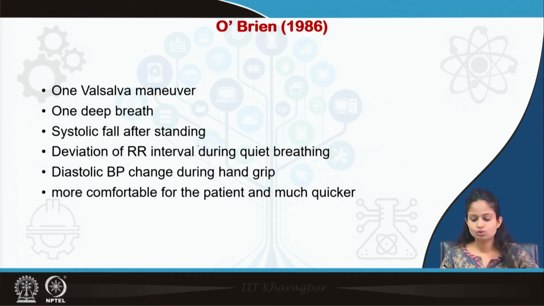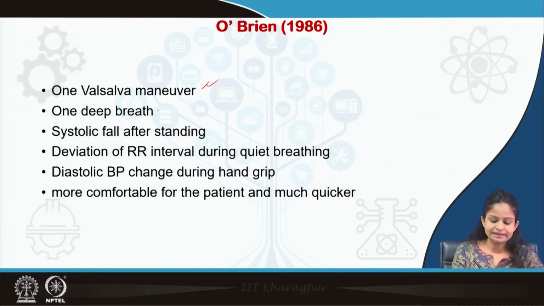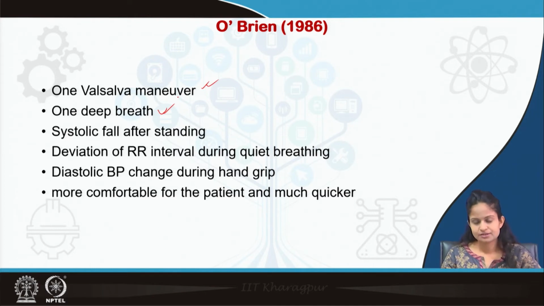Later on, O'Brien in 1986 classified another battery of tests which is almost similar to Ewing's test, but the only difference is that only one Valsalva maneuver is done instead of 3, and only one deep breath is taken instead of 6. So, this actually reduces the time taken to perform the whole battery of tests, which is more comfortable for the patient and much quicker.